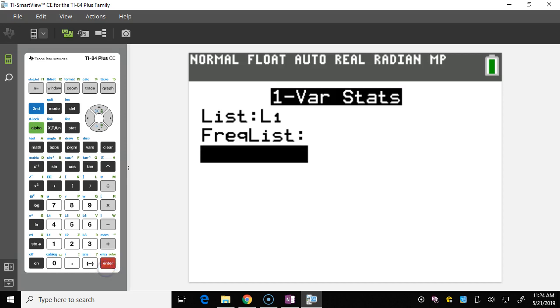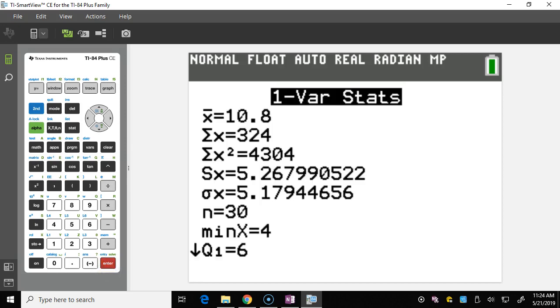So hit your enters, and now you have 2 of your answers that you need. You have the mean, and you have the standard deviation. If you can't fill in the standard deviation yet, go ahead and write that number down, so you don't have to go back and run the statistics again. So first things first, what is our mean? 10.8. Perfect. What is our standard deviation?